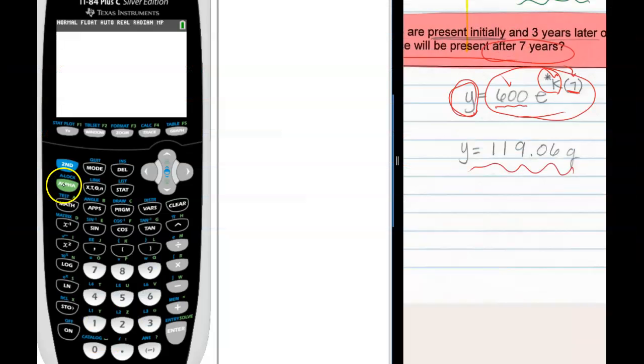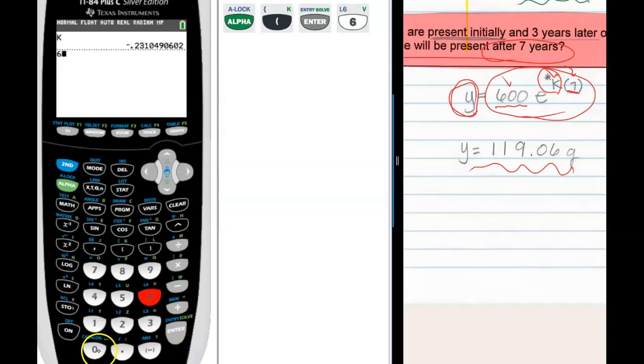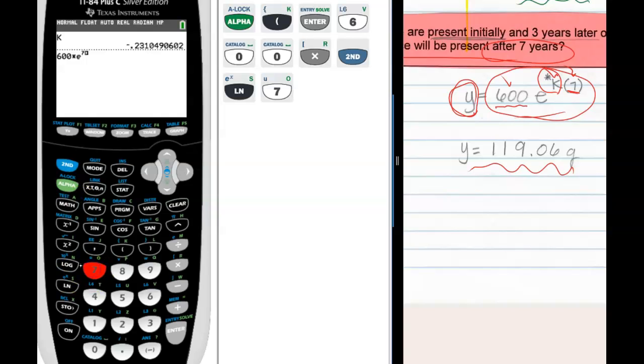I want to remind you that we still have the value of k stored, and we can see that number there. So we're going to plug in 600 times, you can put the times or not, and then I'm going to do second, and then go to the ln because that's going to give me my e to the exponent, and my exponent will be 7 times k, and I'm just going to put alpha k. Notice that's all in the exponent. I really don't need that multiplication symbol either because it understands that it's going to be multiplying.